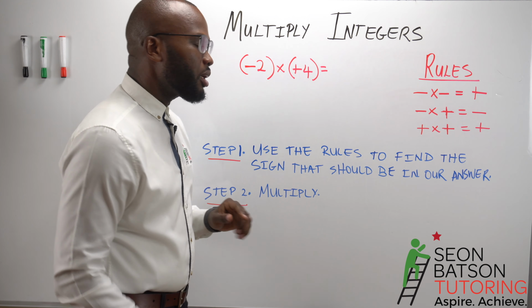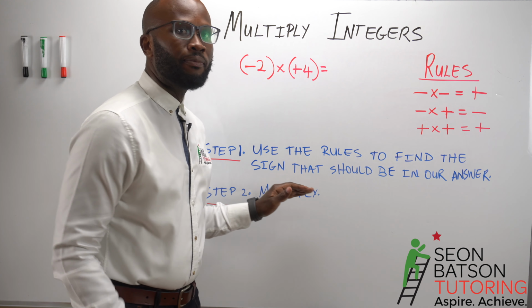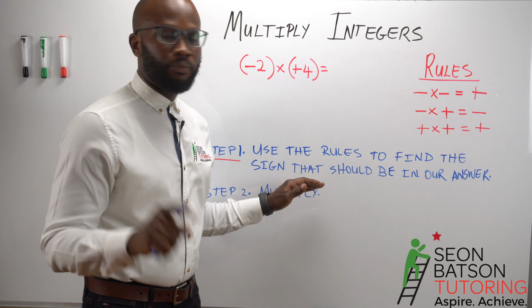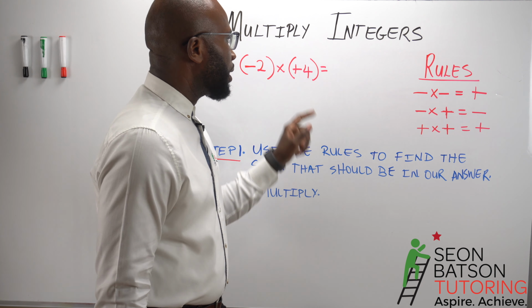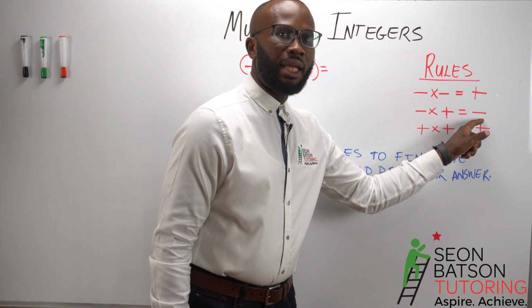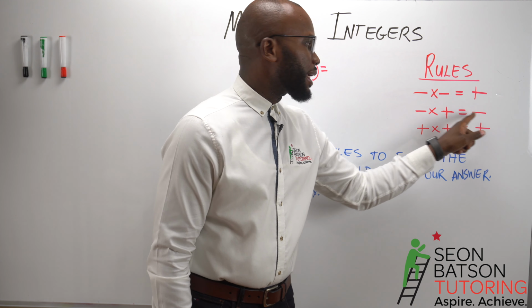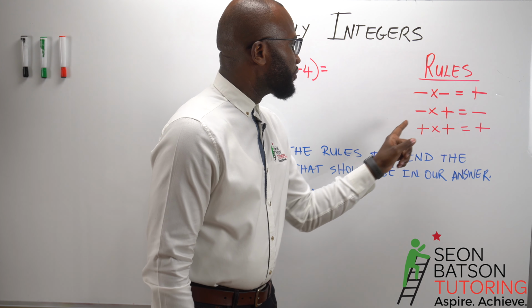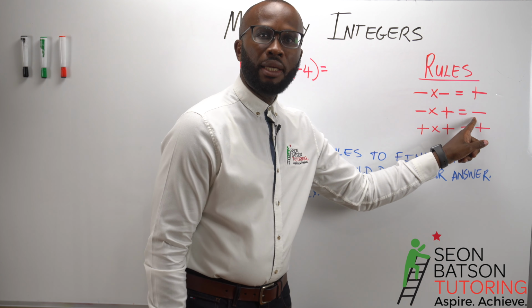So step 1, we will use the rules to help us find the sign that should be in our answer. Since we are multiplying a negative by a positive, our answer should be negative. Why? Because the rule says if you multiply a negative and a positive, you should get a negative.